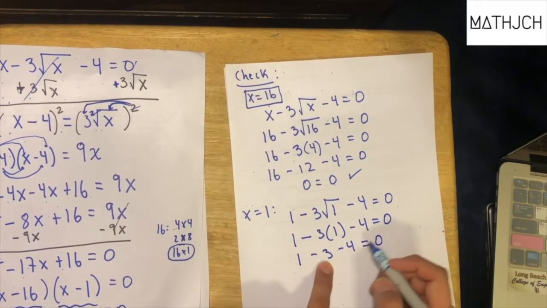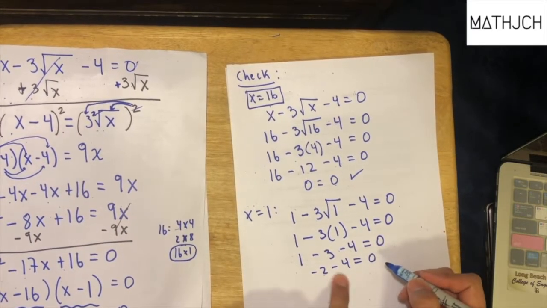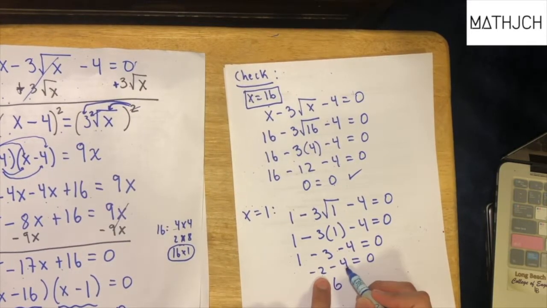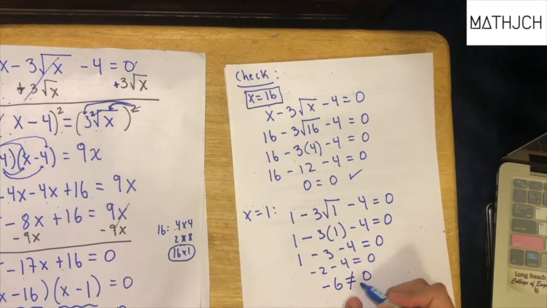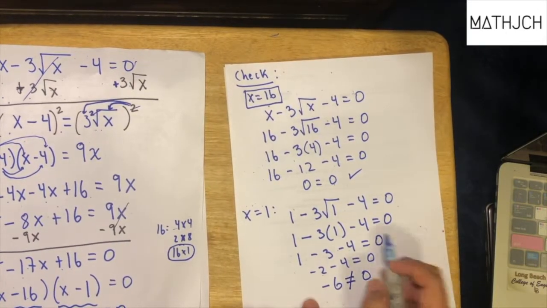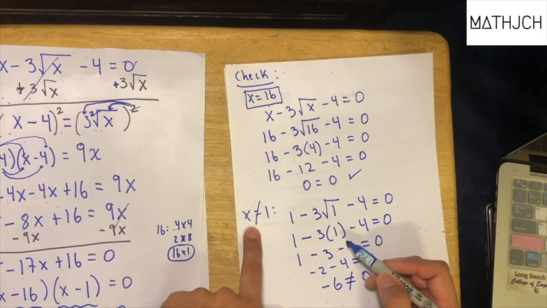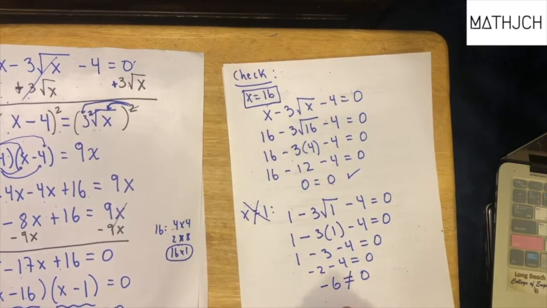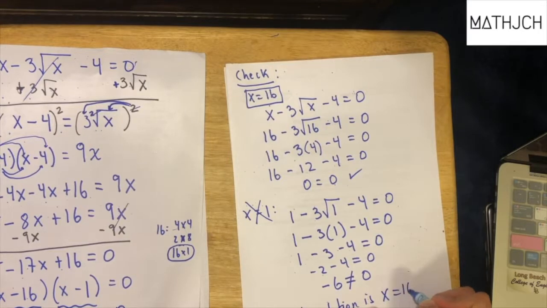We have 1 minus 3, that is minus 2, minus 4 equals 0. Notice, minus 2 minus 4 gives us minus 6. Remember, add both negative and keep the negative sign. Notice, negative 6 is not equal to 0, right? So that means that x cannot be 1. So this is not part of our solution. Our only solution is x equals 16.